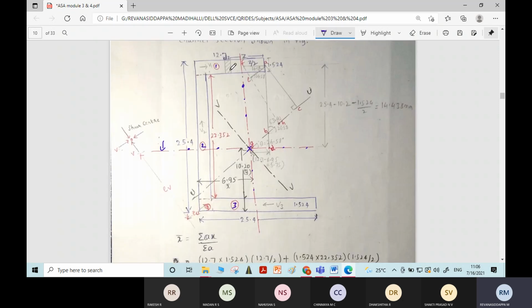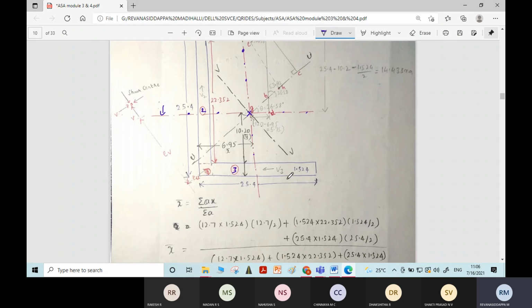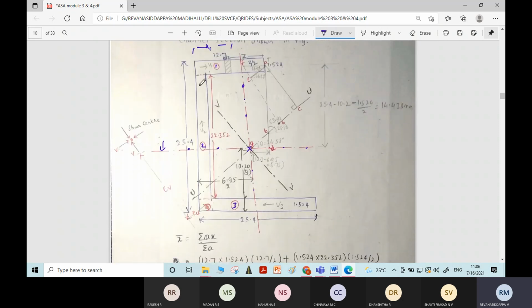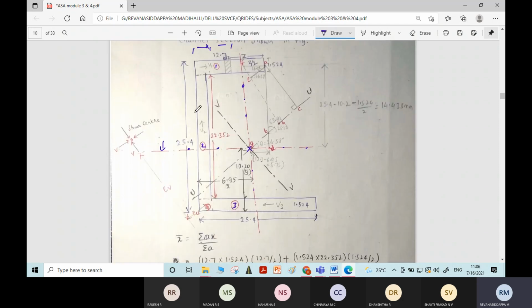x1 is the distance of the centroid of the rectangle from the reference y axis, so it will be 12.7 divided by 2. For a2 x2, a2 is width into height. The width of rectangle 2 means the thickness of rectangle 2, which is given as 1.524, and the clear depth you can calculate.